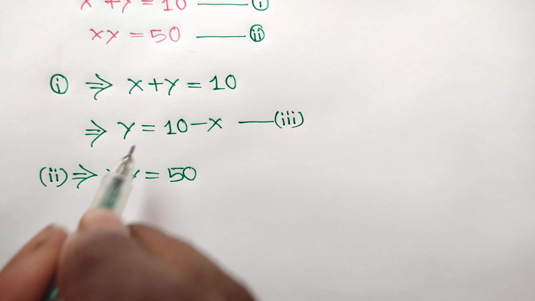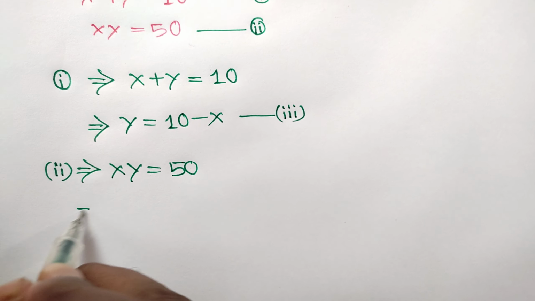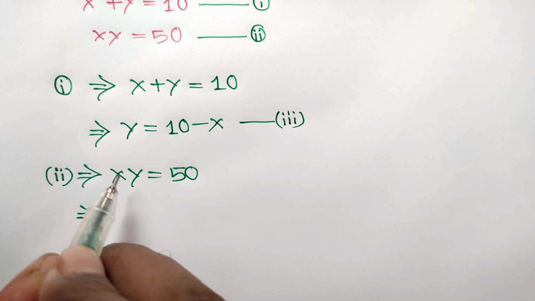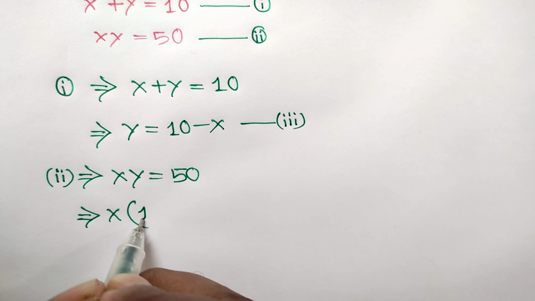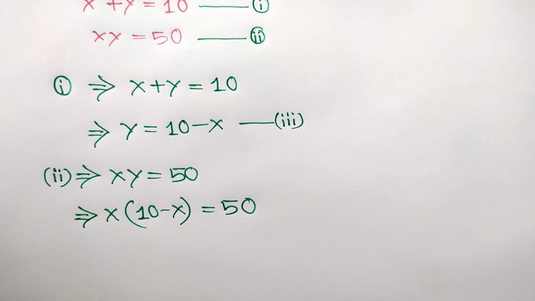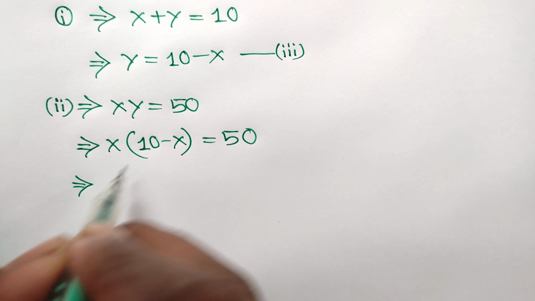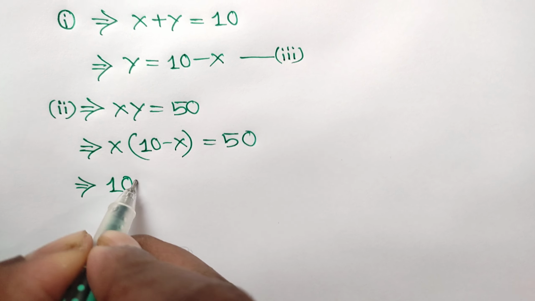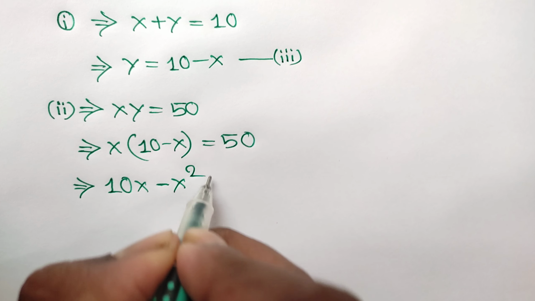Here y is equal to 10 minus x from equation 3, so we can write x times y, that means 10 minus x, is equal to 50, or x times x is x times 10 is 10x, and x times minus x is minus x square.